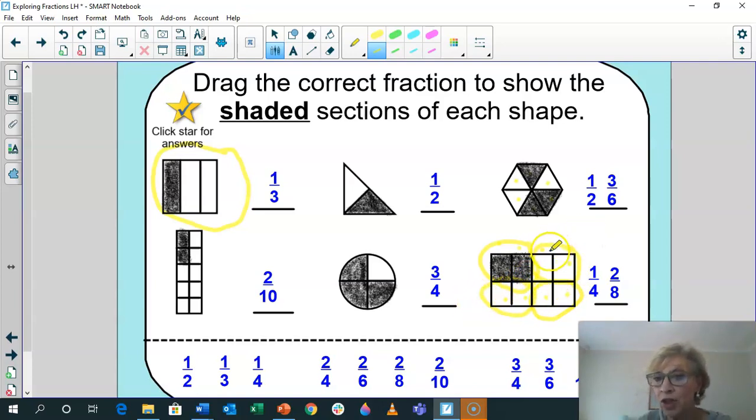So if that's chocolate, and let's assume I eat that bit there, and you eat those 2 there, I'm eating just one bigger piece, and you're eating the same amount of chocolate, but you're eating it in 2 smaller pieces, cut into a quarter, cut into 2 halves, which is 2/8.